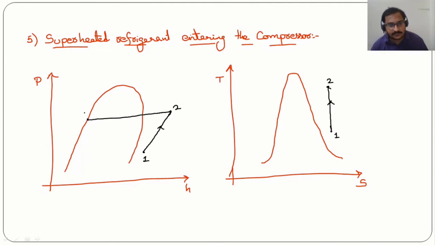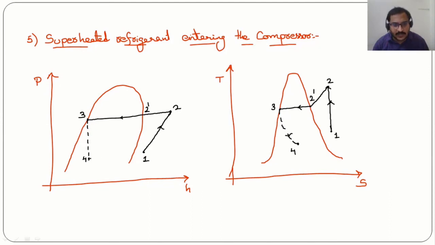You will have the curve like this, or line like this, in the pH diagram, and in the TS diagram the temperature comes down to the saturated state, then phase change takes place from 2' to 3. Then 3 to 4 is throttling expansion. You will come across the throttling expansion like this, and here 3 to 4 the expansion will be like this.